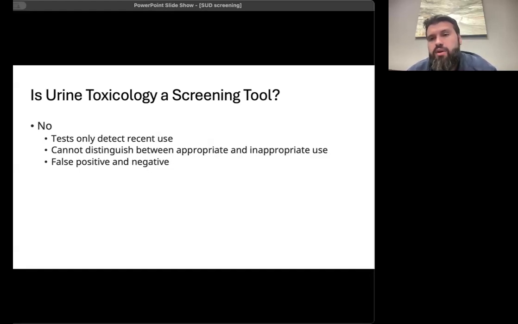Often the windows for toxicology, especially urine toxicology, are very small, so you're only capturing a small time frame in someone's history of use. Also, you can have false positives and negatives on these screens, which don't make them a good tool for determining if someone has a use disorder or misuse as far as screening goes.